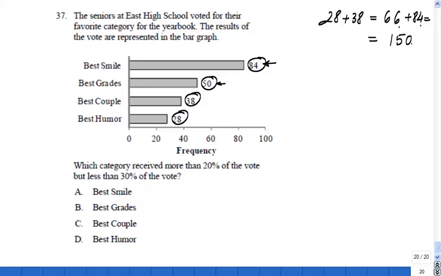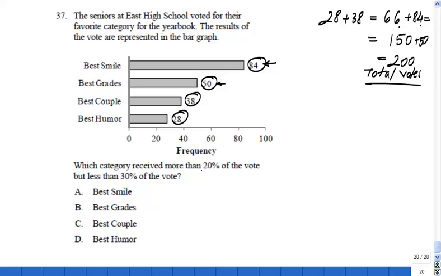And then all I have to do is add 15, and I find that there are 200 votes. You may say total votes. The total number of votes counted in this survey is 200.